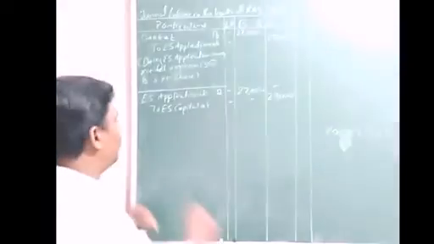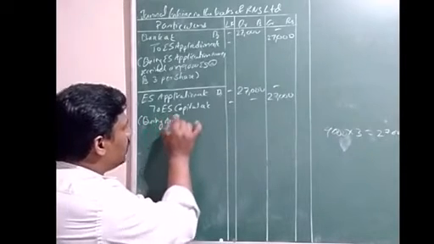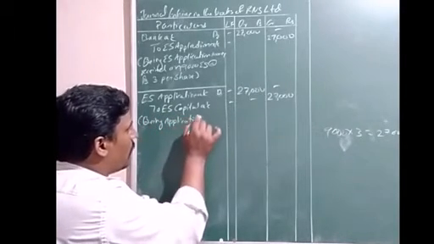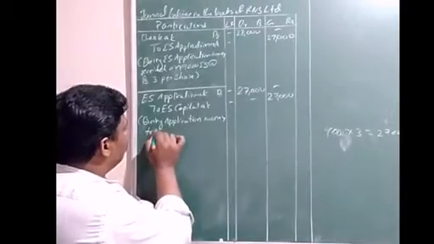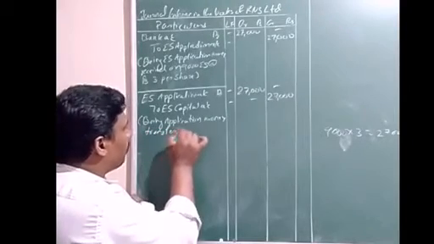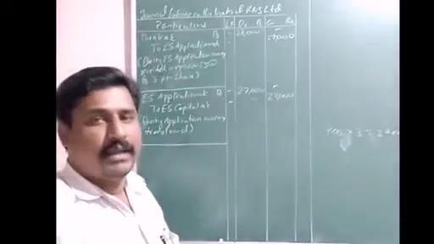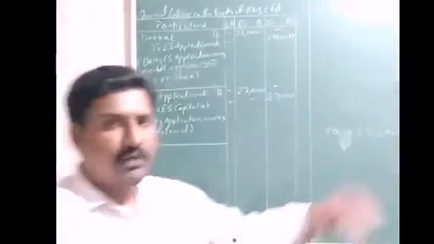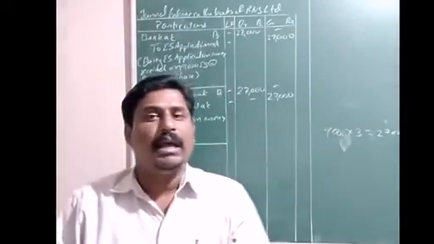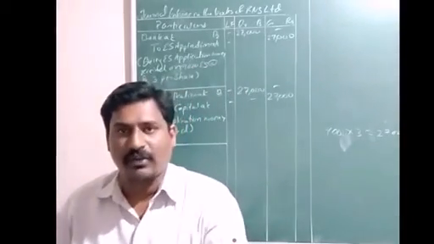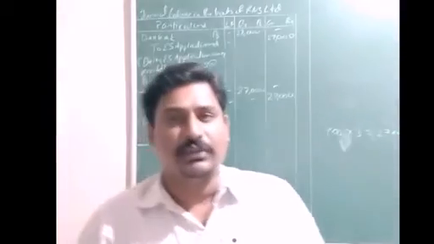And the narration: being application money transferred to equity share capital. Now we have allotted the shares, so we inform the applicants that you have applied for these many shares and we have given those many shares.